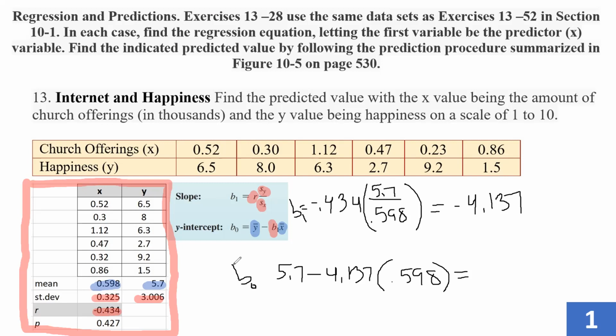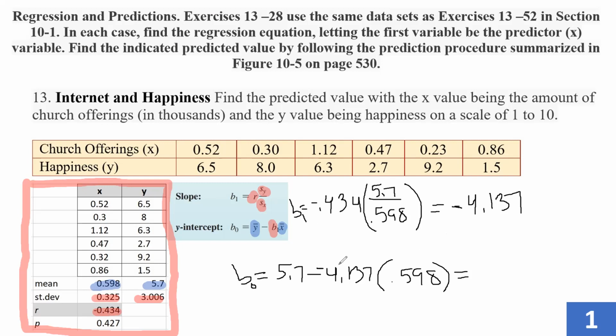That's b sub 0. All right, so I've got to do this right. This right here is a negative 4.4.